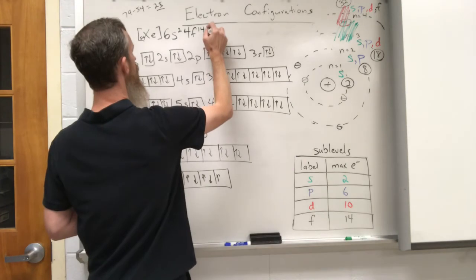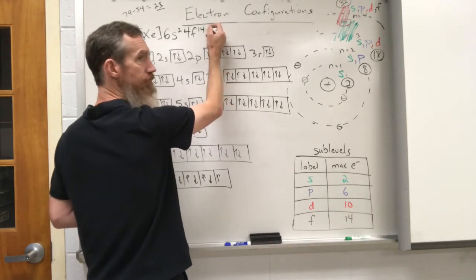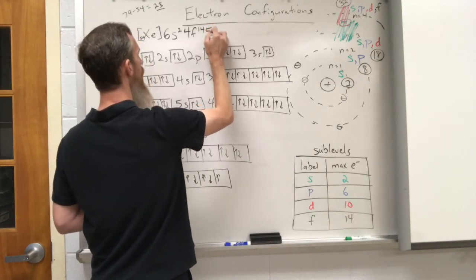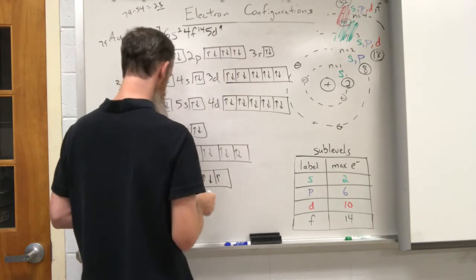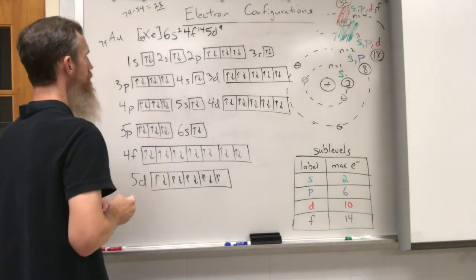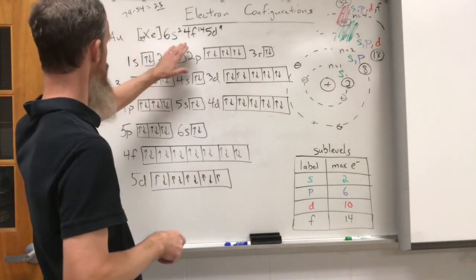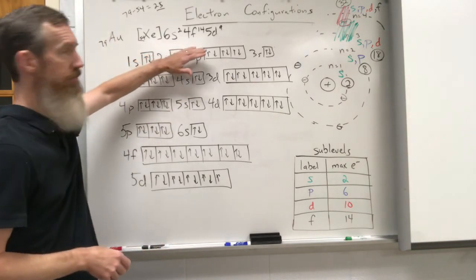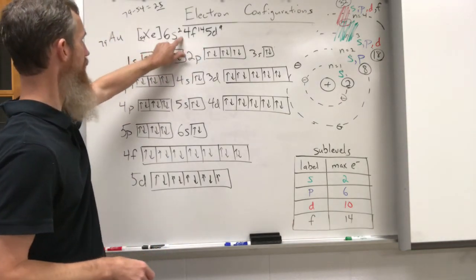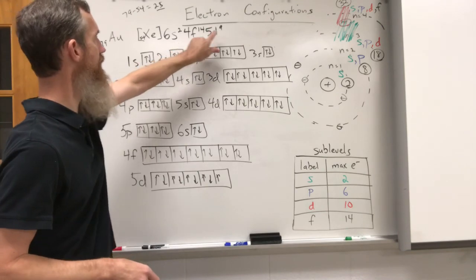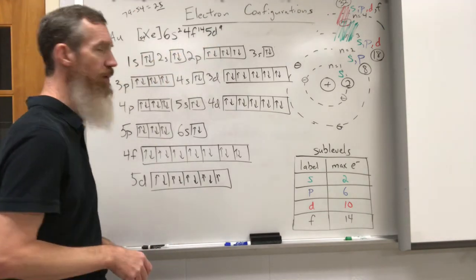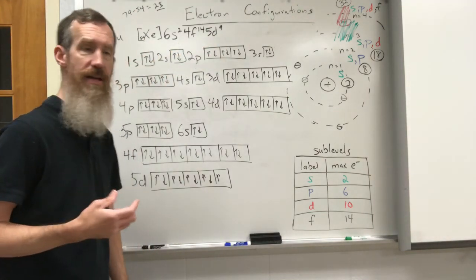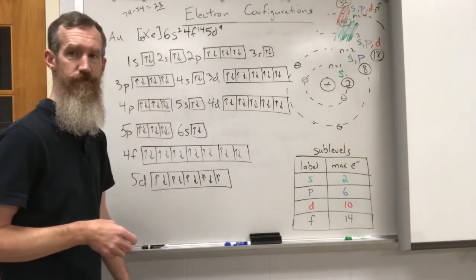And then we're going to go to 5d9. Okay. And that is our configuration. Because 54, 56, 70, 79, we're done. We wrote all of our electrons in a much more compact form.